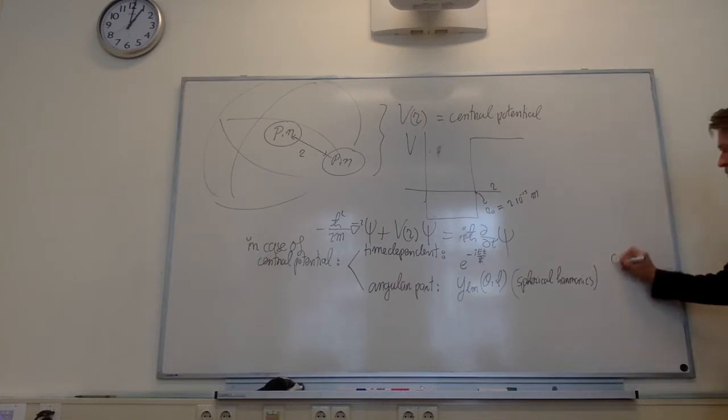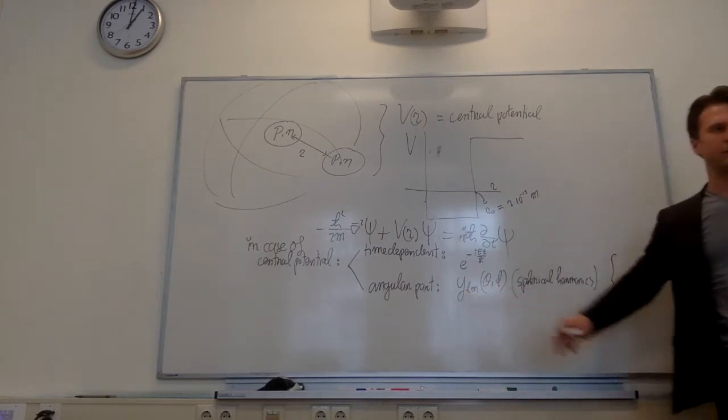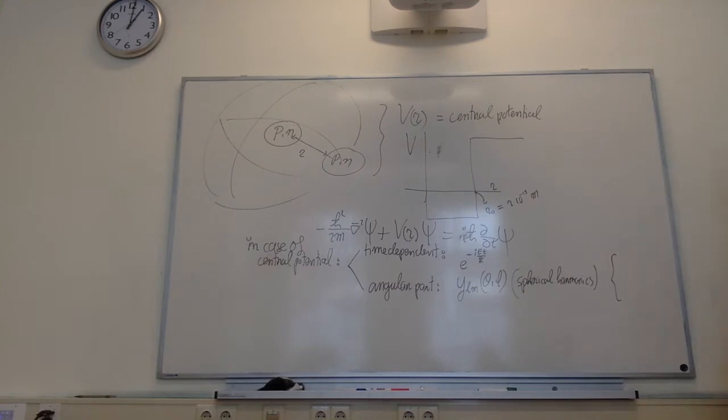They have very special properties because they come with L's and M's. They're introduced if you solve the differential equation for the angular part. That's the thing that I advise you to do at some point. Then you see exactly where they come from. The mathematics tells you that the solutions only exist under the condition that these L's are integer numbers and that these M's are also integer numbers, squeezed in between plus L and minus L. Why?